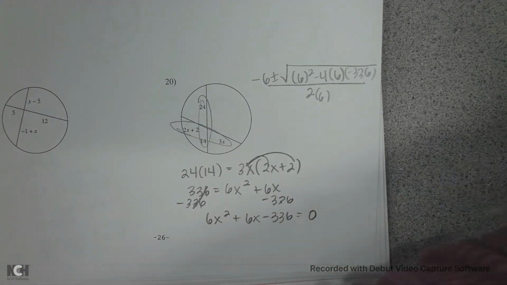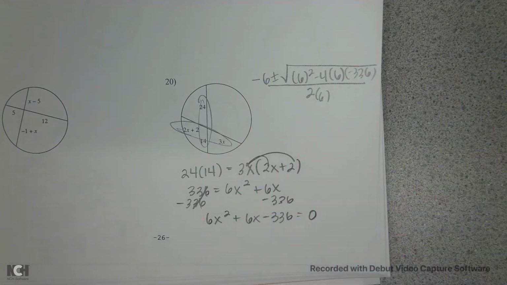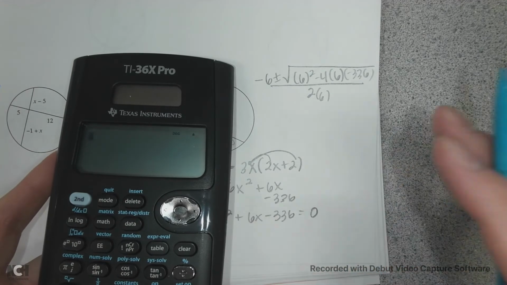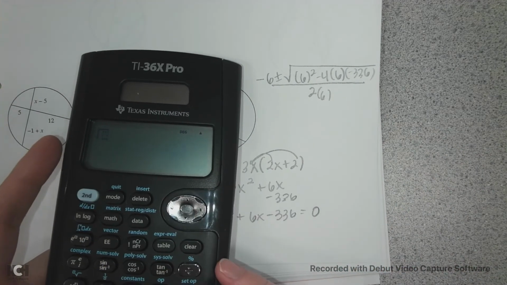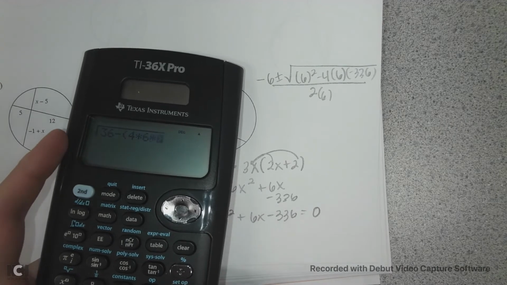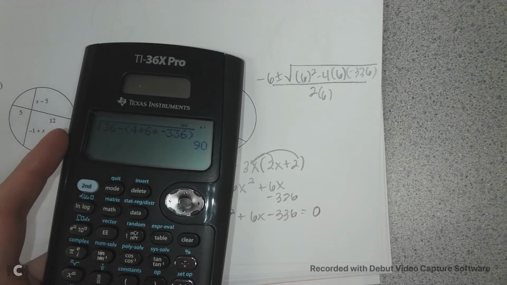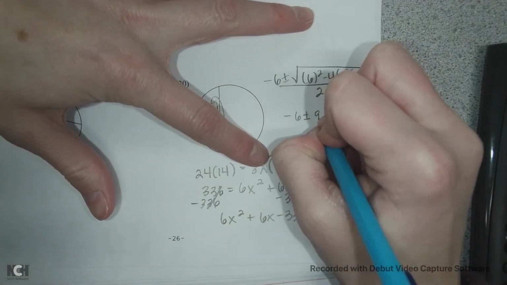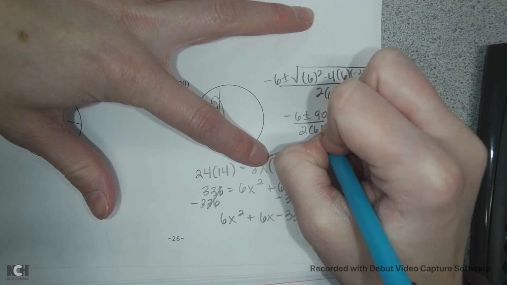Where's my calculator? There you are. Went AWOL. Okay, so I'm just going to plug in the radical first. Square root of 36 minus 4 times 6 times negative 336, and that is 90. So we have negative 6 plus or minus 90 over 2 times 6.